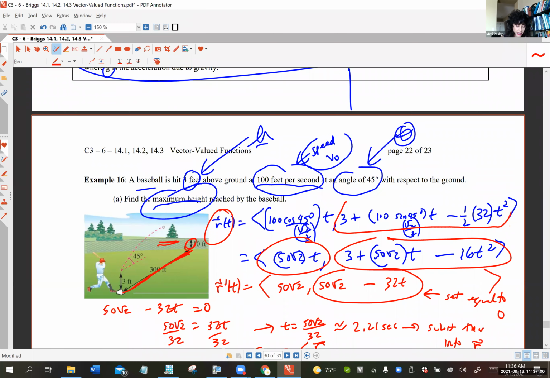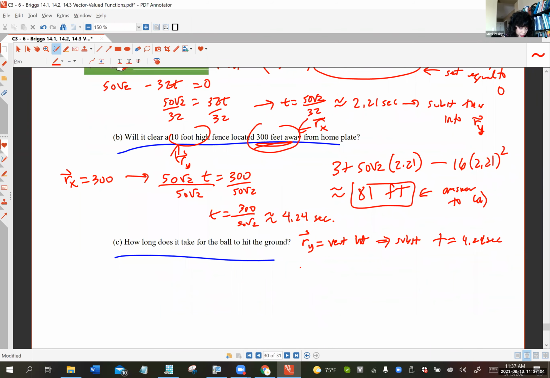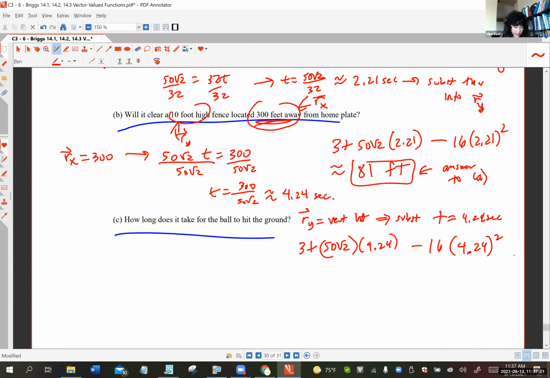So you're going to do some substituting: what's 3 plus 50 square root of 2 times this 4.24 seconds minus 16 times t squared, 4.24 getting squared? Ooh, yucky. Get out the calculator. I get approximately 15 feet.